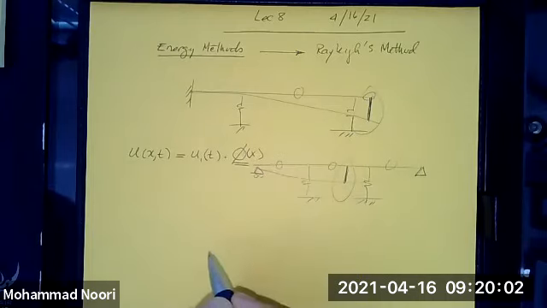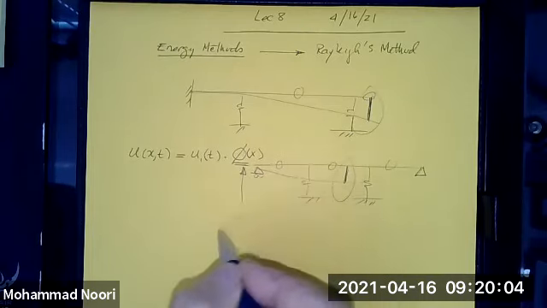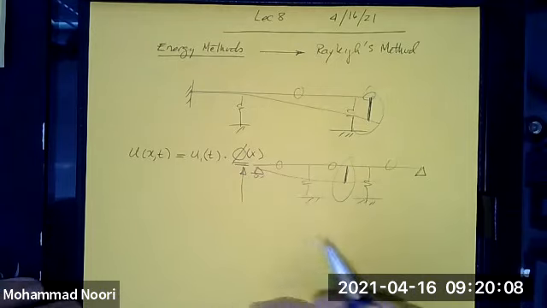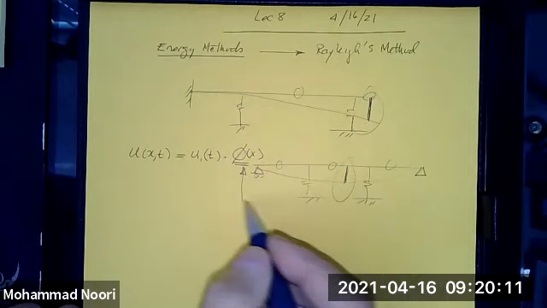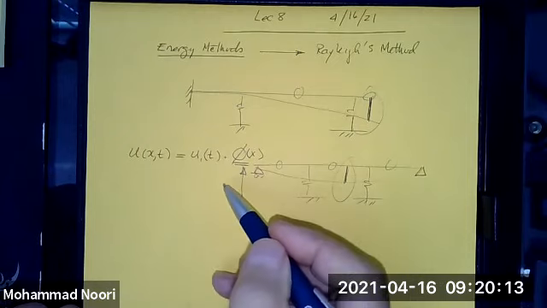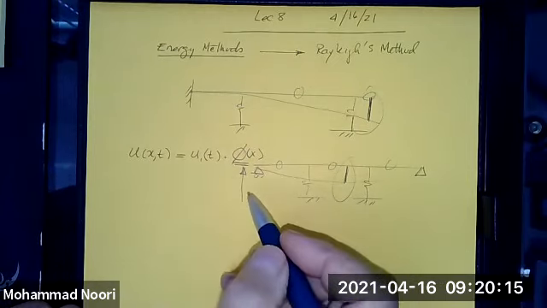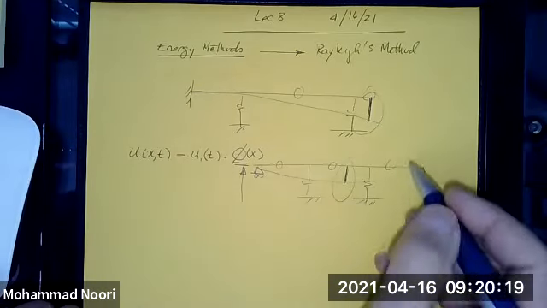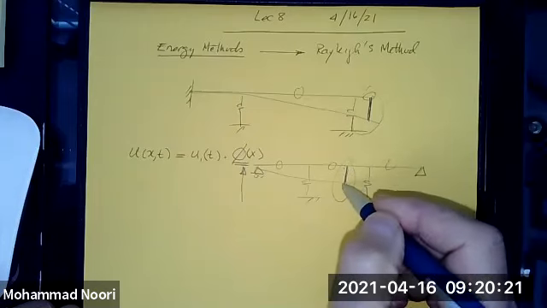And how do you find the shape function? This is from strength of materials, basically by finding the equation that relates the displacement at any point to the point of interest.